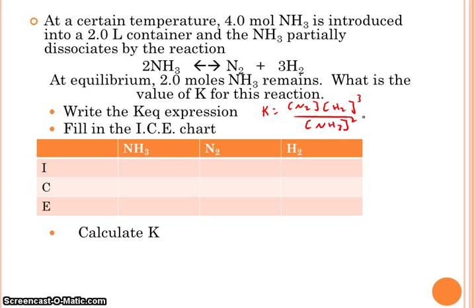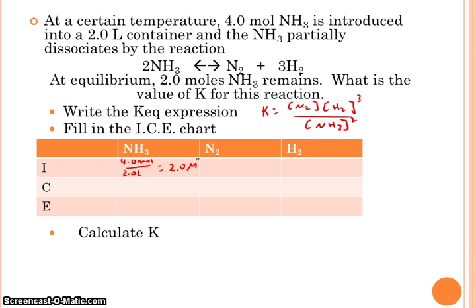Now this problem is a little bit different because it doesn't give us the concentrations, it gives us the moles and the liters. So for our ammonia, we've got 4.0 moles in a 2.0 liter container, which is going to be an initial concentration of 2.0 molar.